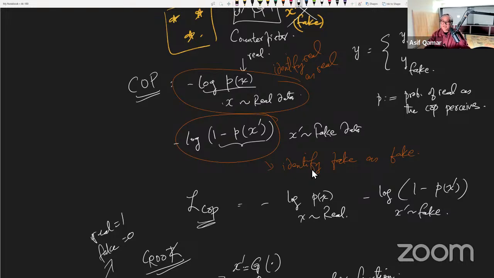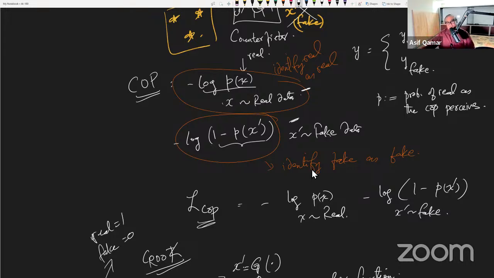The cop, on the other hand, is given either real data or fake data, right? And has to get the answers right in both cases. So the cop has 2 terms in his loss function. Real must be real, real's probability must be high, fake's probability must be low. Does it make sense? That is it.